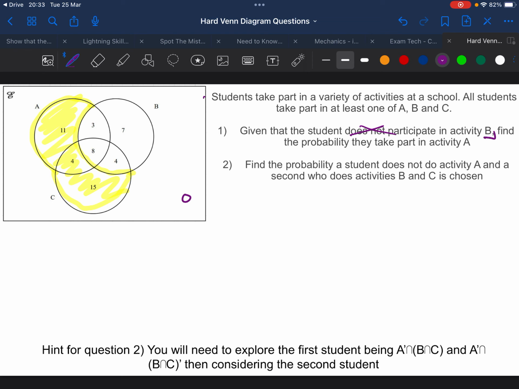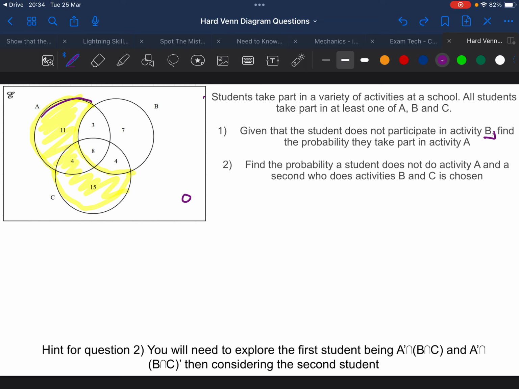All right. So given that we're somewhere in that yellow zone there, what's the probability they take part in A? Well, the choices are only this bit here, which is the only A bit, and this bit. The 3 and the 8 are just not possible anymore. They're not possible because I know that it doesn't take place in there, so I can't take those into account.